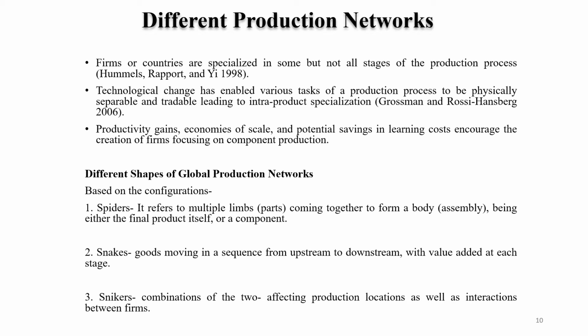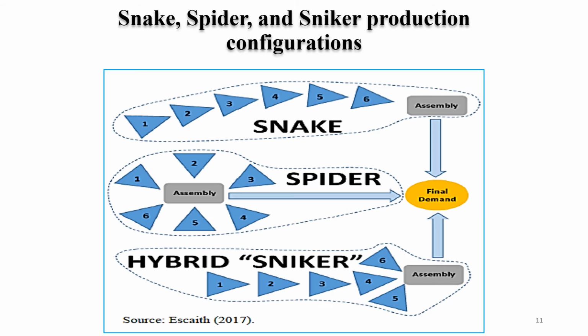So I'm talking about horizontal and vertical. It could be a mix of both, where some part is sequential and some part is non-sequential, so linear and non-linear kinds of linkages. This picture explains the snakes, spider, and the hybrid one, which we call Sniker.